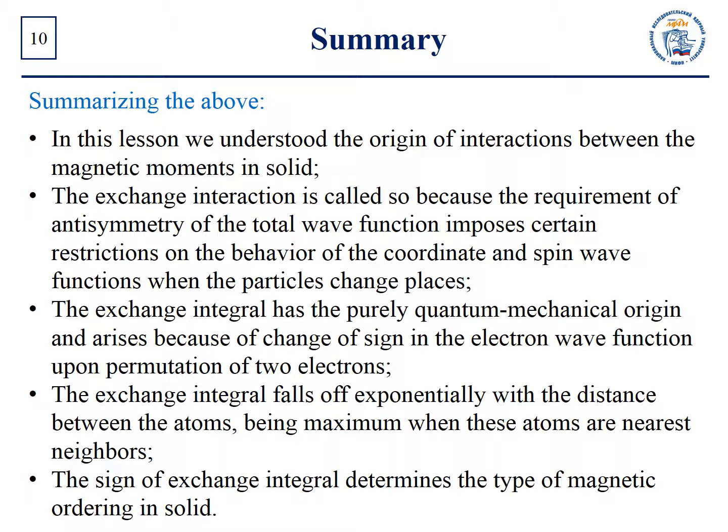Thus, the nearest neighbor approximation is of frequent use. The sign of exchange energy determines the type of magnetic ordering in solids. For example, when the exchange energy is greater than zero for any pair of atoms in the sample, the total energy of the system is minimum when all magnetic moments are unidirectional, and this is the ferromagnetic ordering.